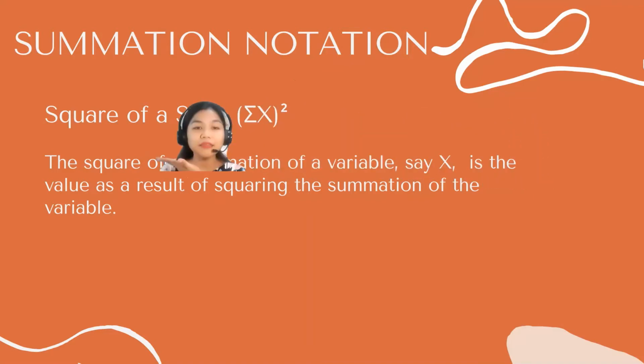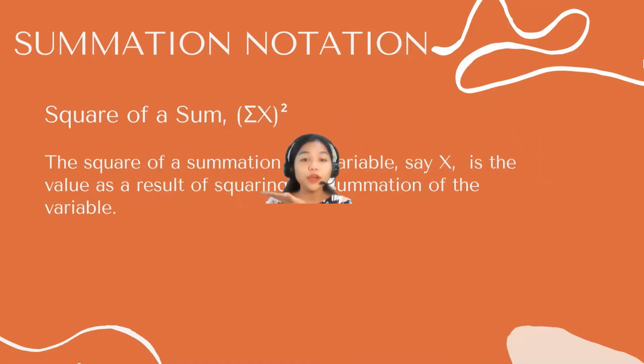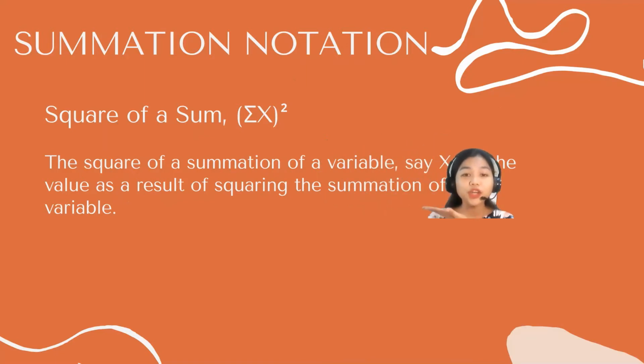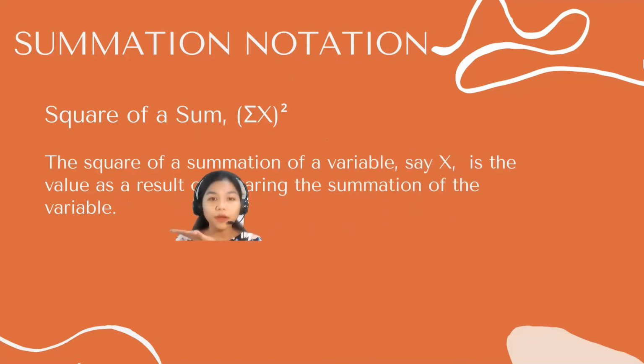It is the value as a result of squaring the summation of the variable. So it's actually the opposite of the sum of squares. If in the sum of squares, we square each value of x first, and after squaring, we add all of those squared values. In square of a sum, what we're going to do first is to get the summation of the variable.